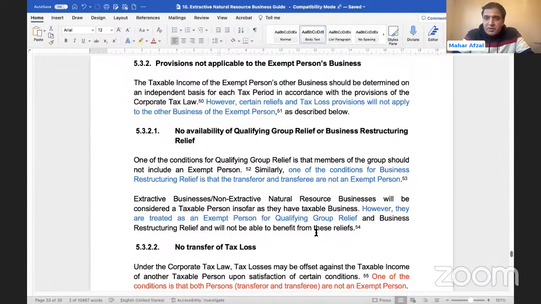If you want to enjoy small business relief, you will be able to, subject to the condition that the revenue from the other business is not more than 3 million in the current or any previous tax period.